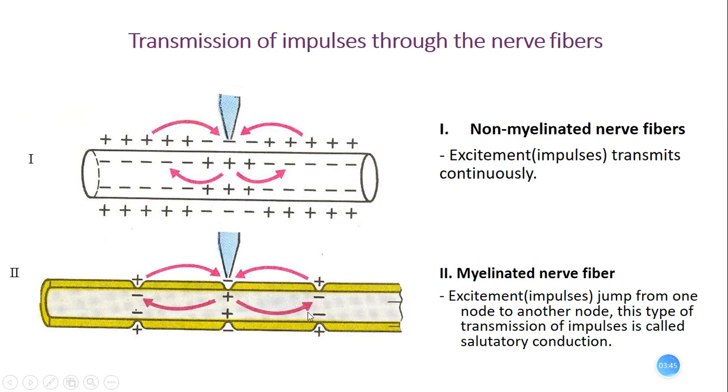The impulse can only be transmitted by a kind of jump from this node of Ranvier to the next node of Ranvier, and we call it saltatory transmission. And this myelinated nerve fiber normally transmits impulses much more quickly than this non-myelinated nerve fiber.